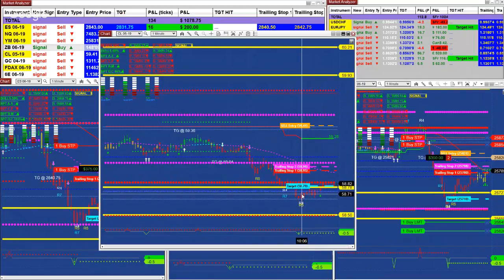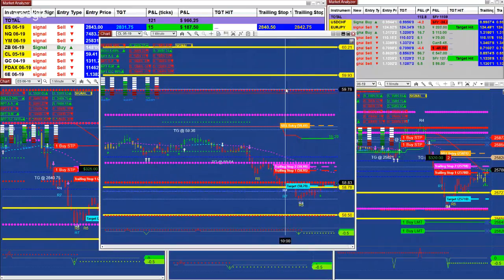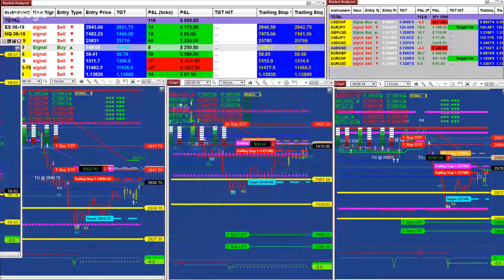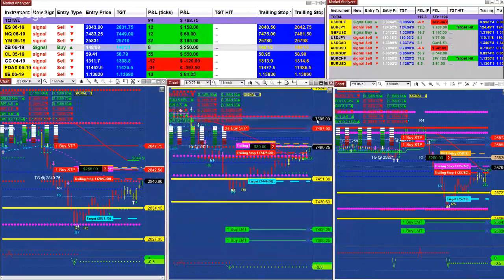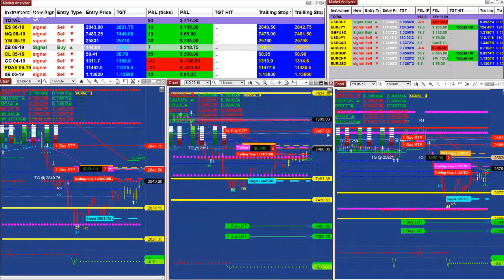It does not require experience to recognize two yellow lines, target, resistance, reversal, all giving you the same signal. You need to close the position, and the short trade is no longer valid. So it is very, very straightforward for those trades.